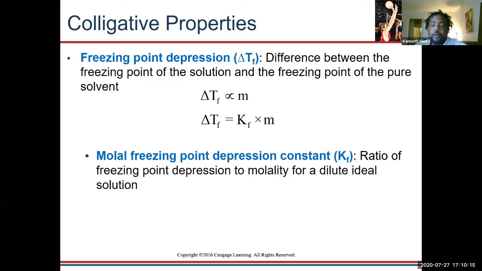Salt is going to be our solute, and the water is going to be our solvent. So you can use the number of moles, and your molality is going to affect your boiling point or your freezing point. So delta T represents the change in temperature, right?